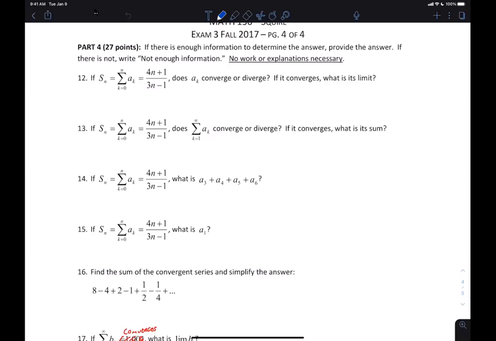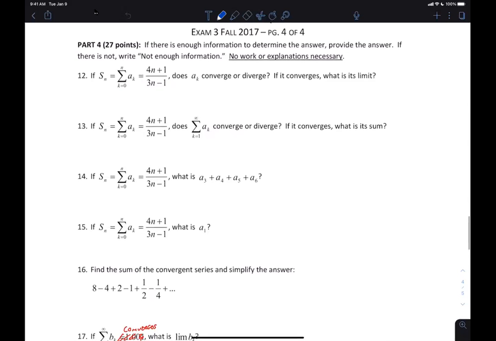Okay, so let's talk about them just because of time. On this, 4n plus 1 over 3n minus 1, that's the series, or that's this partial sum. So something goes to 4/3 from looking at that. What goes to 4/3, the sequence or the series? What do you guys think? So the series converges to 4/3.